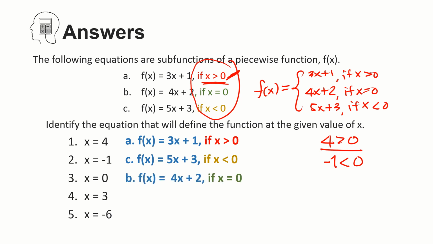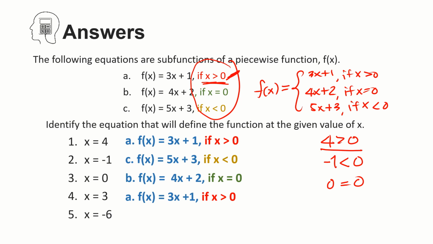For number 3, since x is equal to 0, we use subfunction number 2. So f of x is equal to 4x plus 2. And then for number 4, our given value of x is greater than 0.